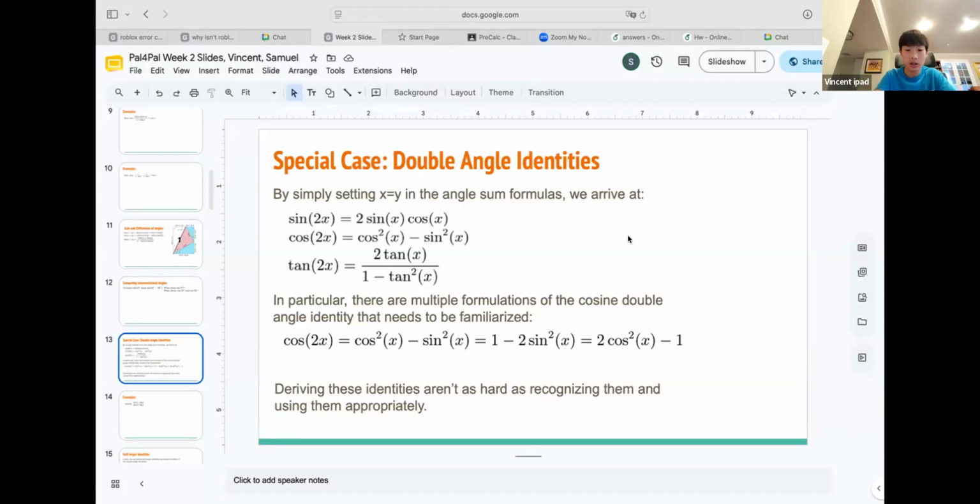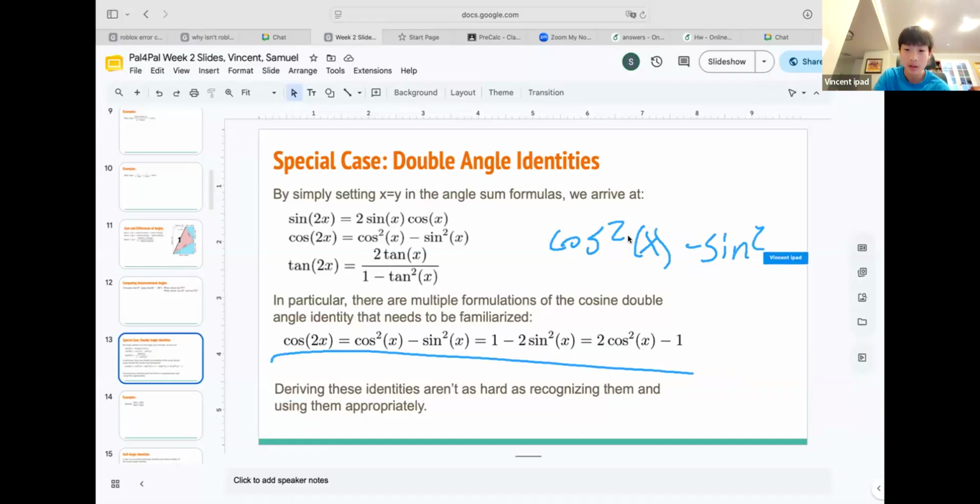In order to get this bottom part, deriving these is not that bad. You just do cos squared x minus sine squared x. And then you can add cos squared, and you know that cos squared x plus sine squared x is equal to 1.